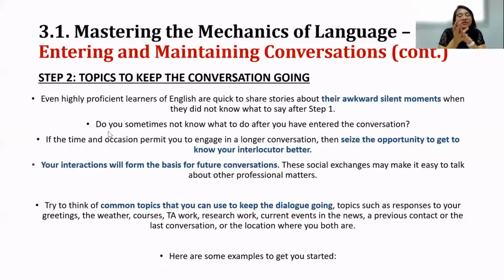And here are some examples to get you started. The next slides will be about the expressions or the statements that you can use to keep the conversation going with someone that you just met or someone that you want to have a small talk with.